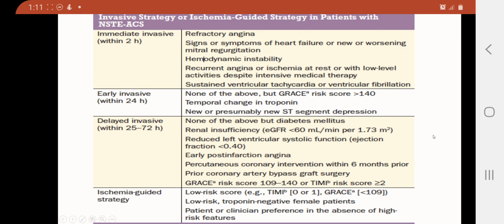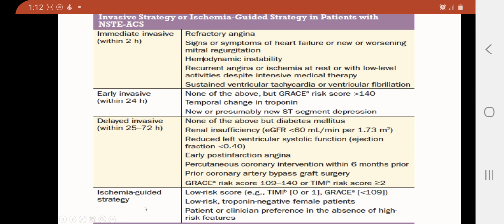Early invasive, if you have temporal change in troponins or new or presumably new ST segment depression. And by the way, if you have a GRACE risk score of more than 140. Delayed invasive, again, if the patient is diabetic, if you have renal insufficiency, if you have EF of less than 40%, if you have early post-infarction angina, history of PCI within 6 months prior, or prior coronary artery bypass graft.